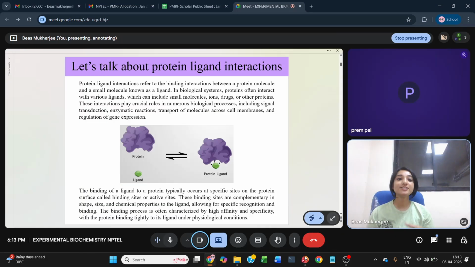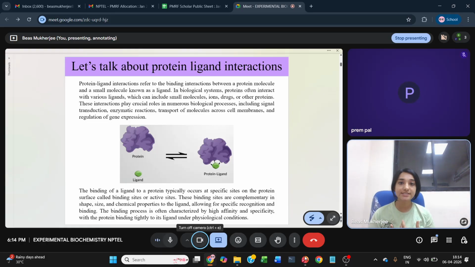Let's talk about protein ligand interactions. Protein ligand interactions are one of the most important biological interactions that go on inside our body. We will talk about all the different examples of those interactions as well. Protein ligand interactions refer to the binding interactions between a protein molecule and a small molecule known as a ligand.